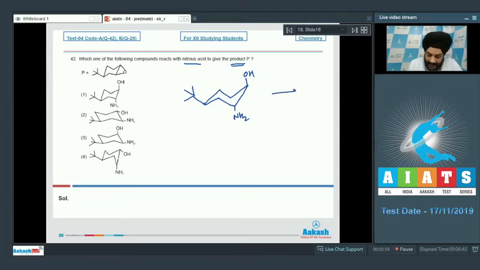So when this is allowed to react with HNO2, the HNO2 will convert this NH2 into N2 plus and it will make it leave. So it is a good leaving group, students, and this will be leaving from here, and the lone pairs over oxygen which are anti to the leaving group, they will attack intramolecularly on this carbon, leading to the formation of an epoxide ring.